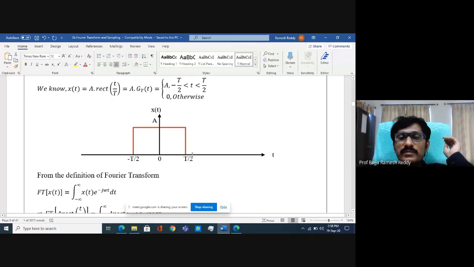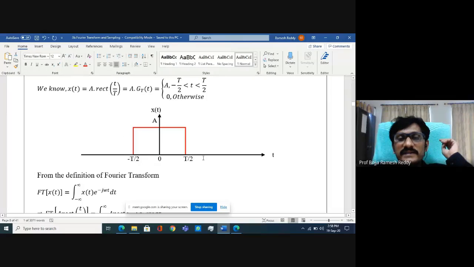At t is equal to T by 2, the right limit is 0 and the left limit is A. It means the amplitude of this signal cannot be computed at t is equal to T by 2.